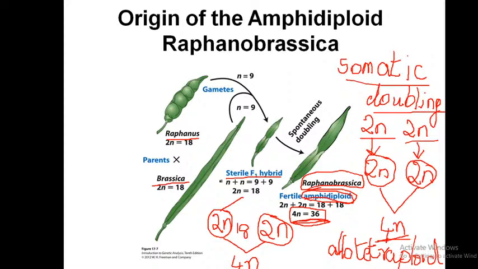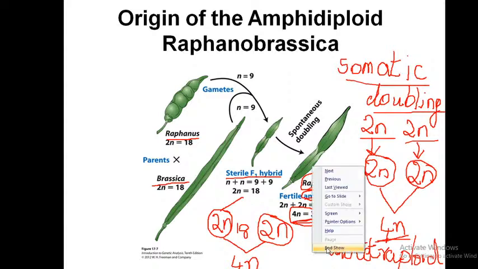They behave like normal homologs undergoing pairing, and this kind of pairing between the identical chromosomes or homologs, identical chromosomes തമ്മിൽ pairing നടക്കുന്നതുകൊണ്ട് that type of pairing is called autosynthesis.